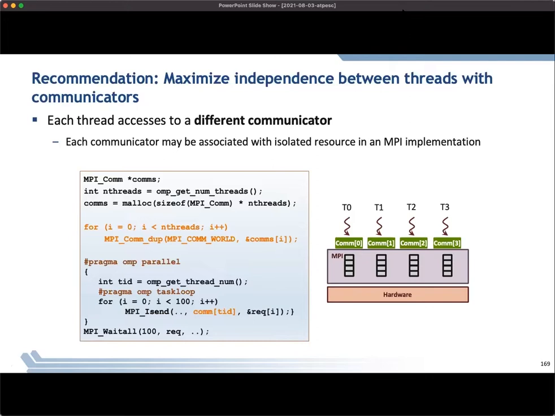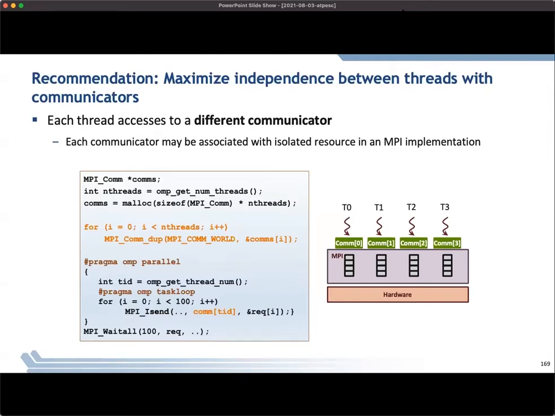So MPI has to do a lot of things to serialize the operations. So the core guideline is we want to expose the thread level parallelism to MPI, letting MPI know that there is some level of separation between the communication from different threads.